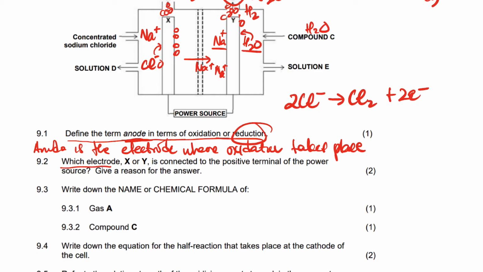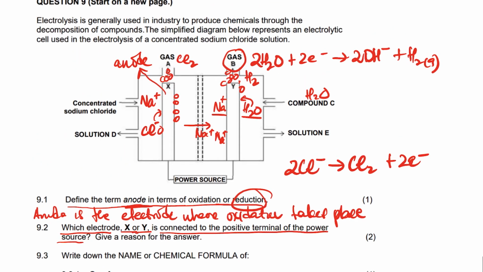It says which electrode, X or Y, is connected to the positive terminal of the source. Which electrode is connected to the positive? That is the anode. So guys, on this side there's an anode, because oxidation takes place. Remember I said the chloride ion will oxidize, and then water will be reduced. So this is an anode, and this one is the cathode, right?